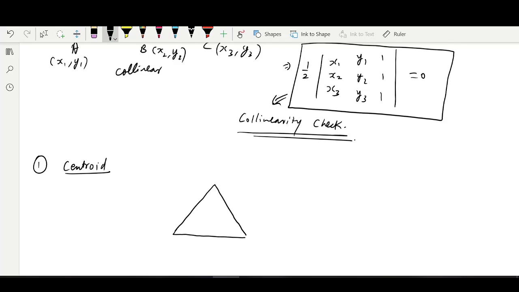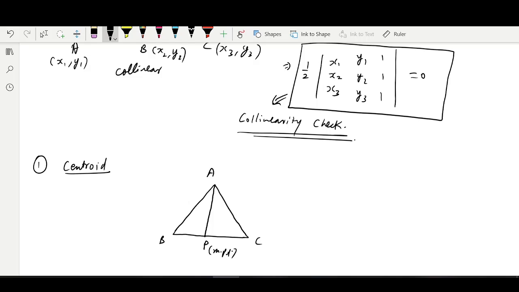So to understand centroid, we need to first understand what a median is. A median is a line that starts from one of the corners and intersects the midpoint of the opposite side. So if P is the midpoint of BC, then AP is the median.